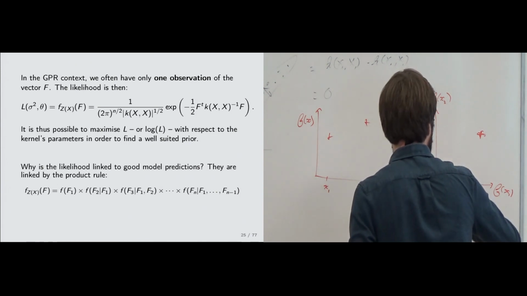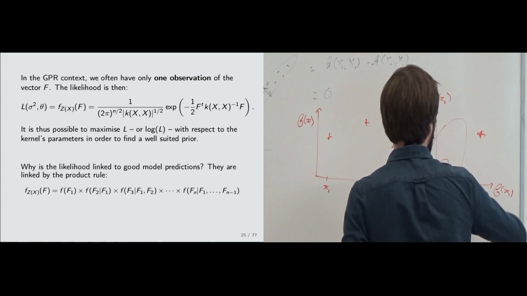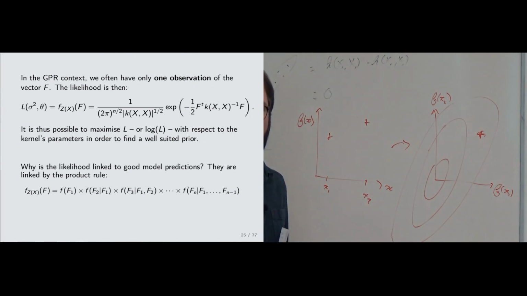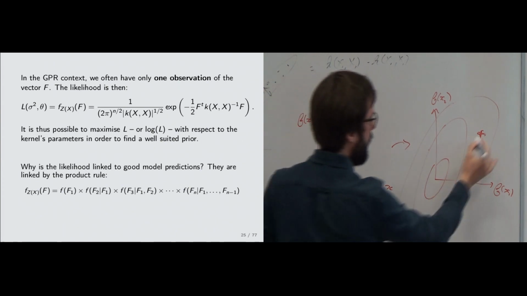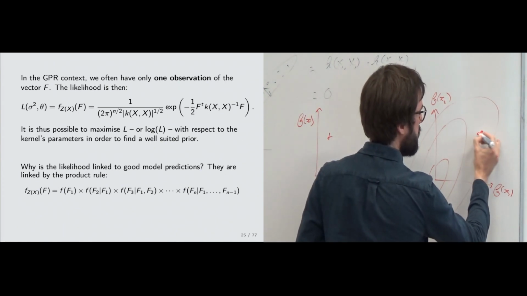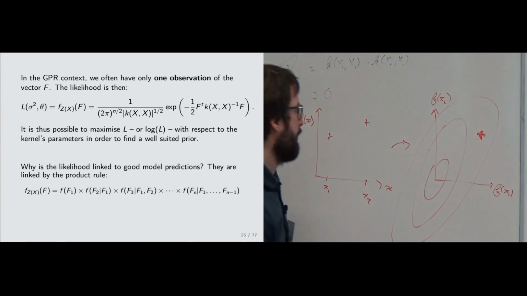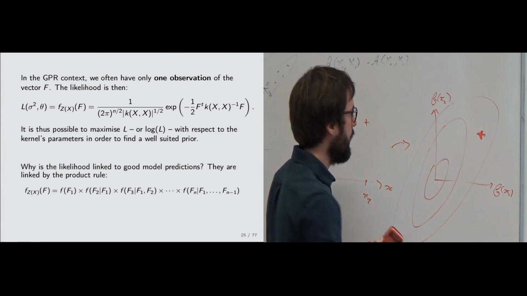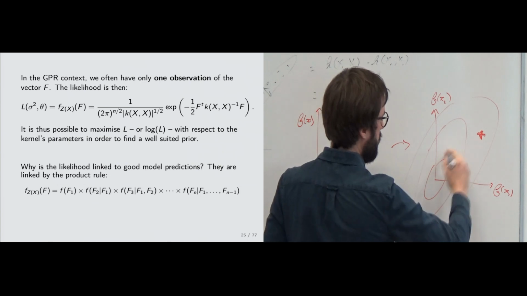And in this space, I have a multivariate Gaussian distribution, and I can find the parameters of this multivariate Gaussian distribution that will put the mass on this data. So I would probably like to tilt this density a bit and change the variance.